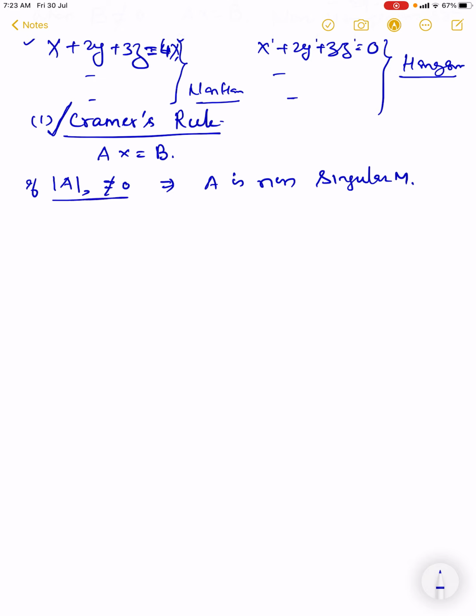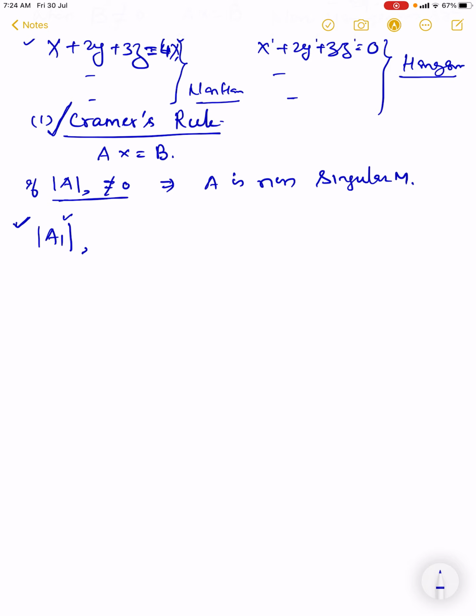Evaluate determinant A, and in this method, determinant A1 is evaluated. How can it be evaluated? First, replace the first column by the constant matrix B, and evaluate the matrix, suppose A1, and the determinant of that matrix is determinant A1.